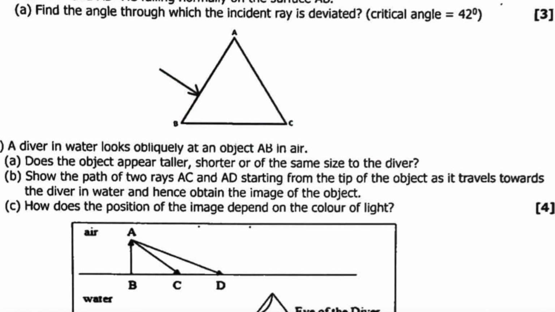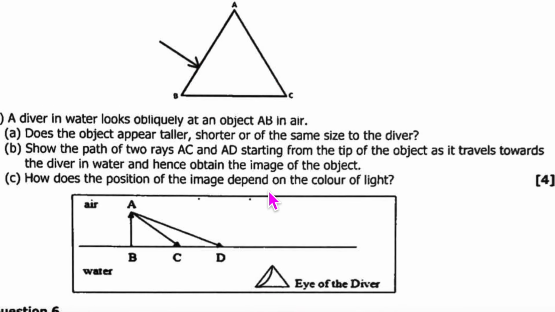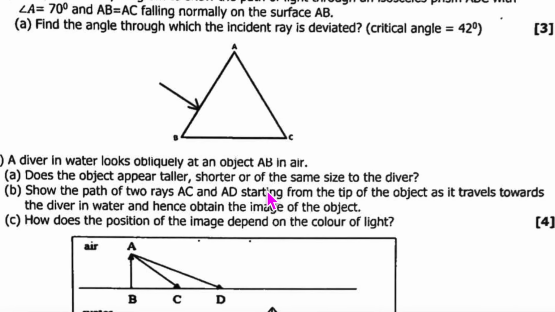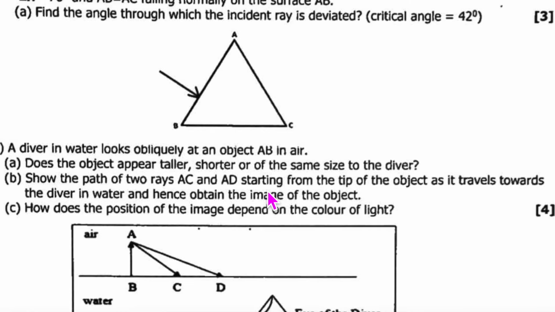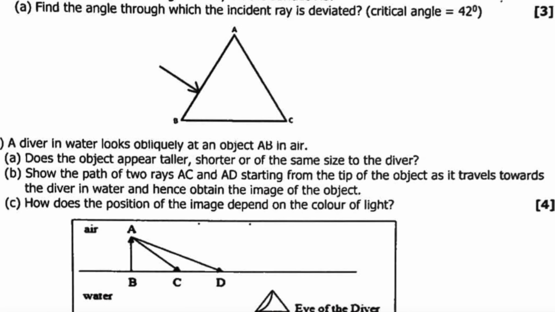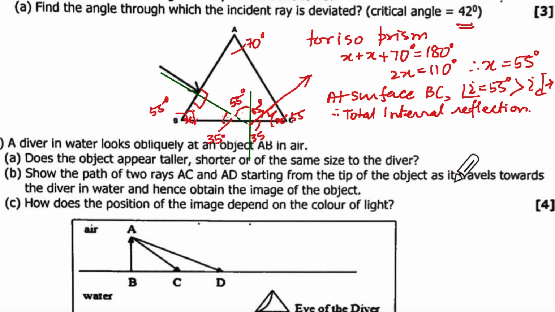Let us come to the next part. Ma'am, the question is find the angle through which incident ray is deviated. Incident ray is deviated by how much? There is only A, now B is not there, right?